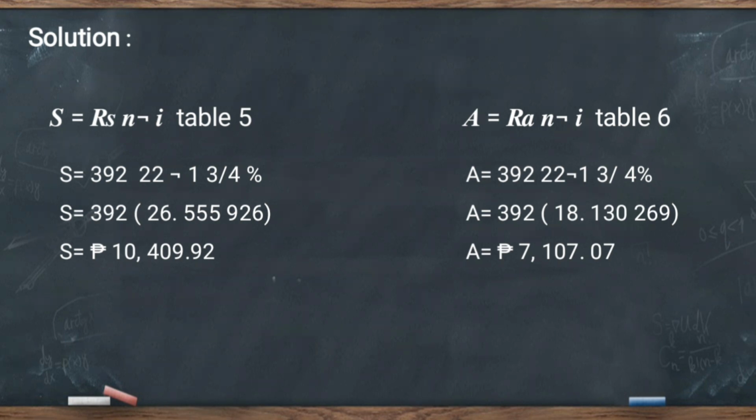Using table 6 of table of values, the equivalent value of A angle n and i is equals to 18.130269. Let us then multiply 392 pesos times 18.130269, and we have 7,107.07 pesos of present value of ordinary annuity.